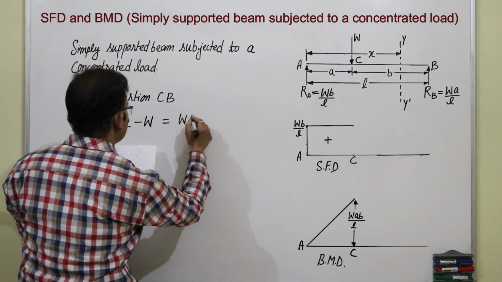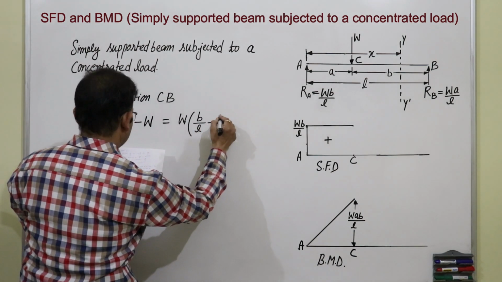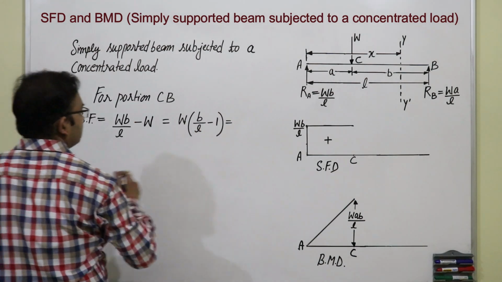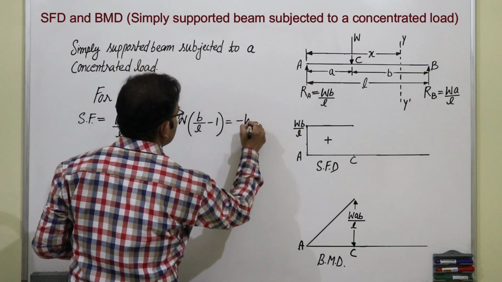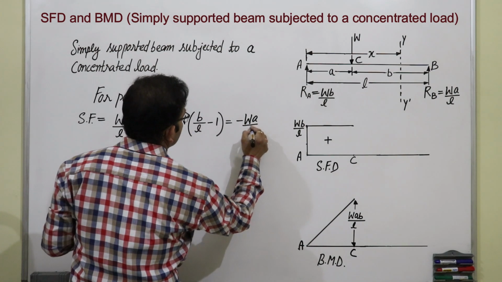W is common, B by L minus 1 equal to minus WA by L.